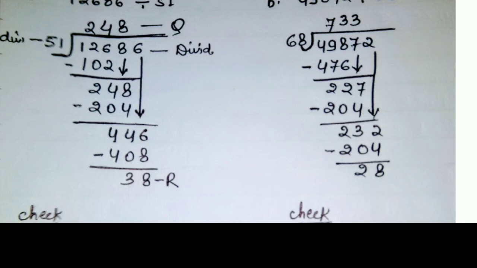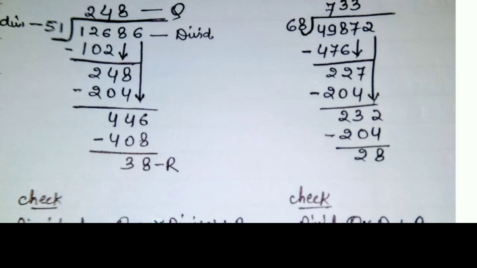If we write the 51 table, it is easy to solve because later we will not multiply by any other number. So 51 multiplied by 2, we get 102. So the remaining is 24. Then we take 8, so our new number is 248.